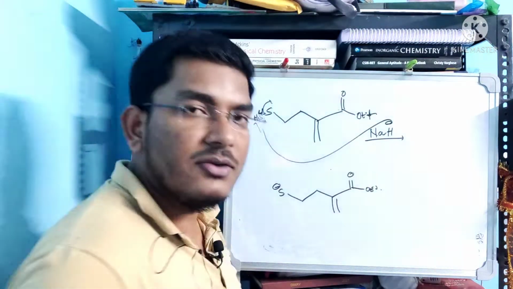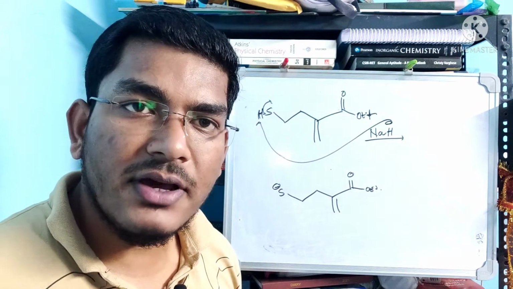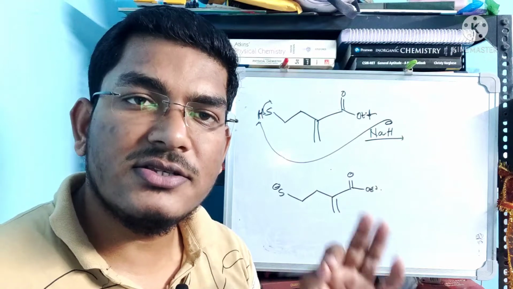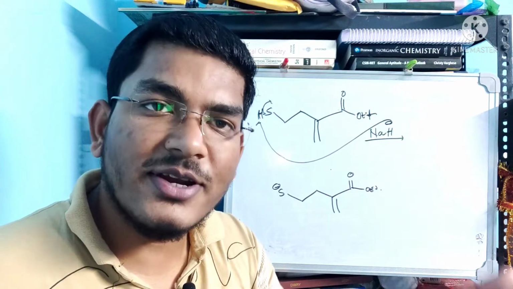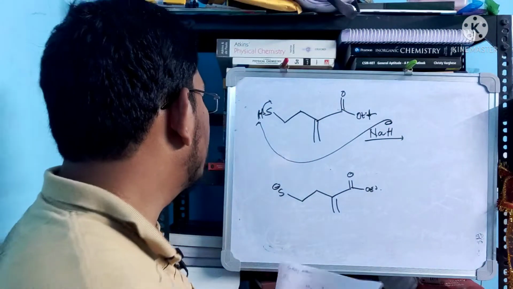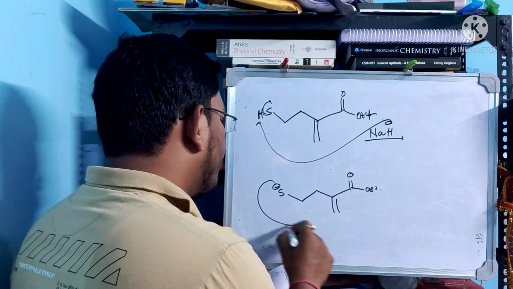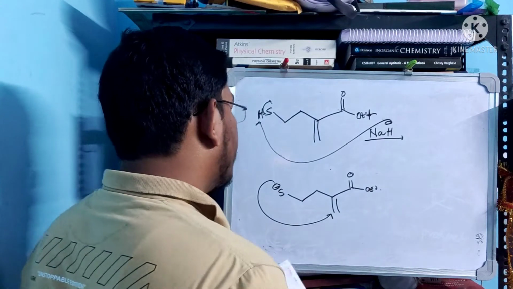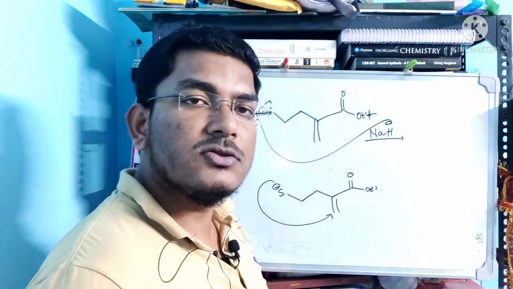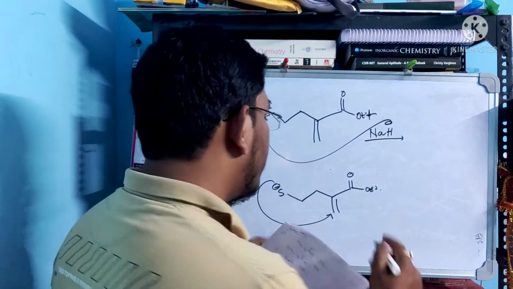Now sulfur, we know sulfur is bigger in size, that means charge density is low, that means it's softer in nature, that means it will attack the softer electrophilic center.